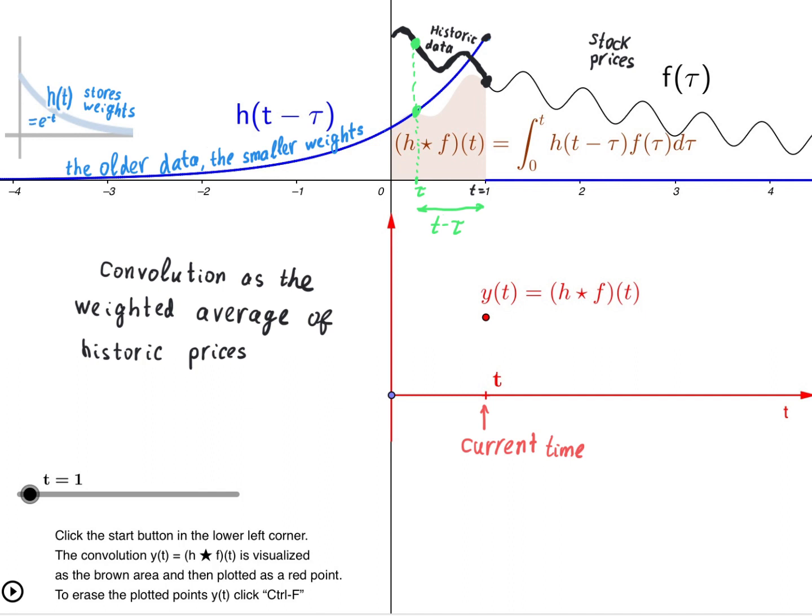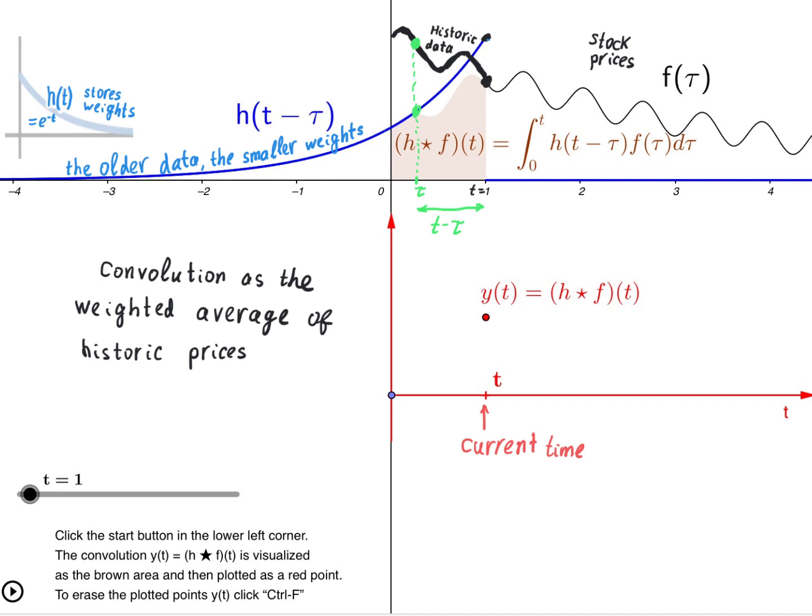A typical weight function is on the picture. The further you go to the past, the smaller the weights, and very old data has almost zero weight. One example of such a function: we start from the decaying exponential function e to minus t.